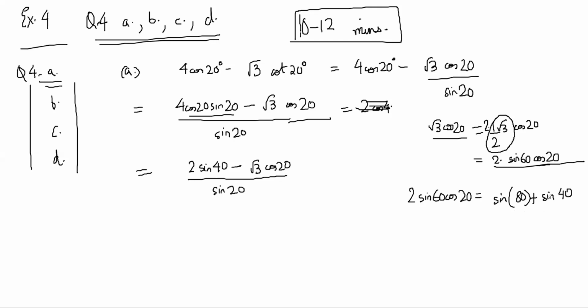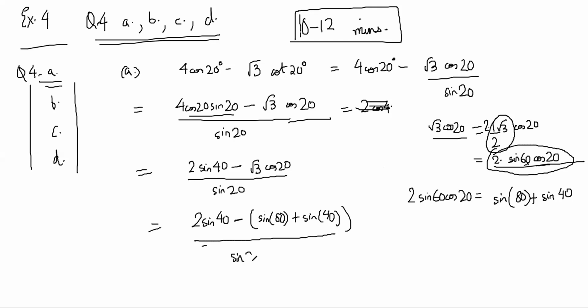We have to subtract, so maybe it is right. So you end up getting sine 40 minus sine 60 by sine 20.